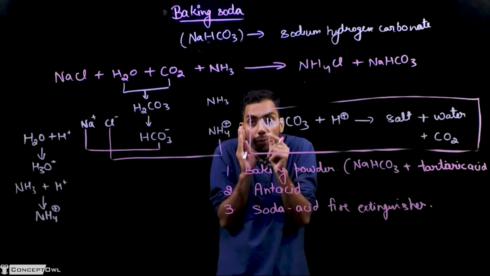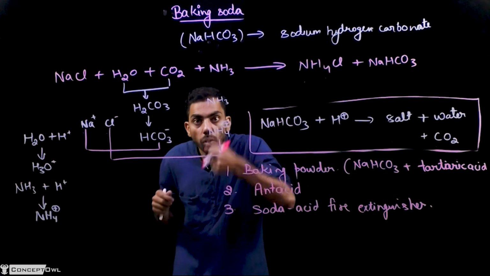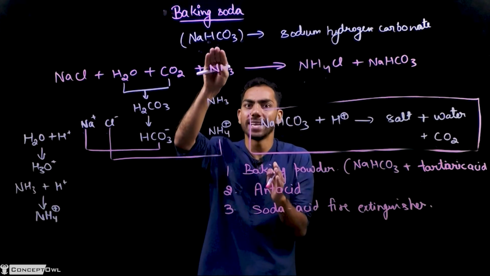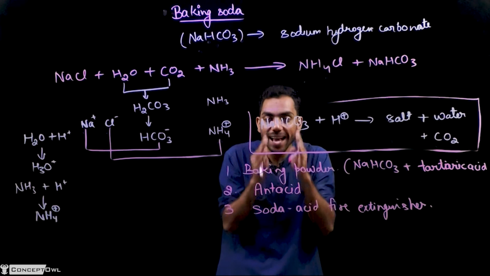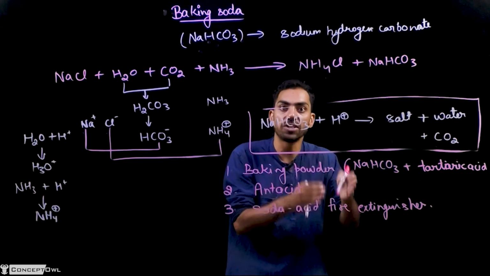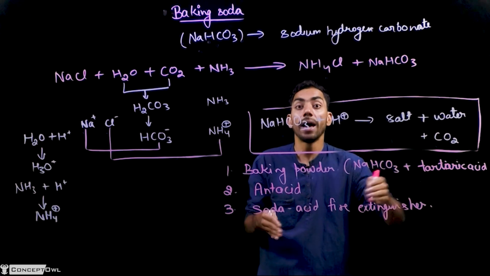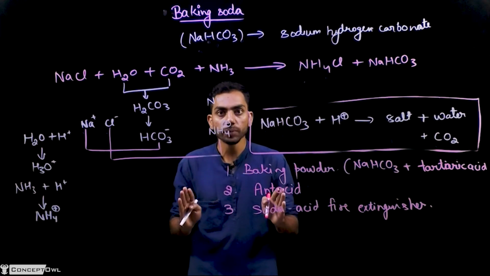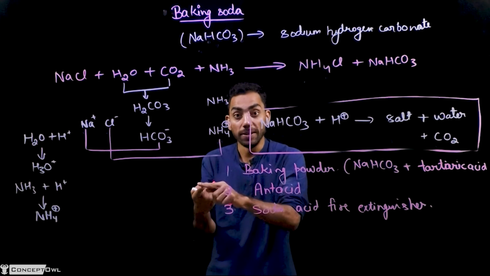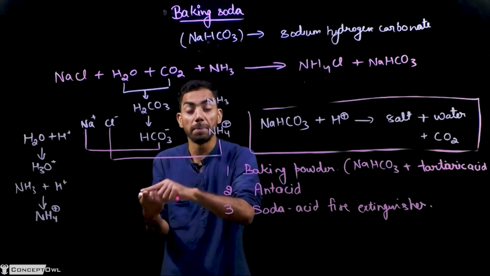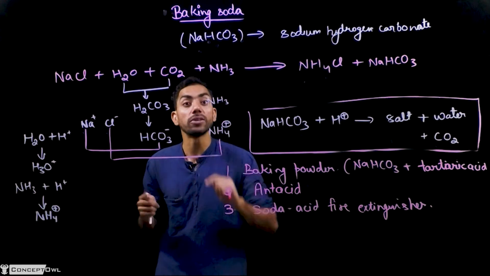So when we open the nozzle of the fire extinguisher, the baking soda NaHCO3 reacts with the acid present in the fire extinguisher and produces carbon dioxide, and this carbon dioxide can be used to extinguish the fire. Simple. So table salt can be used to prepare NaOH, bleaching powder, and baking soda.